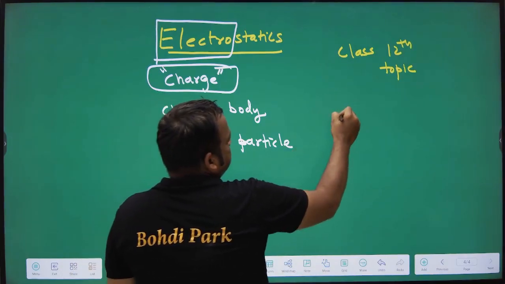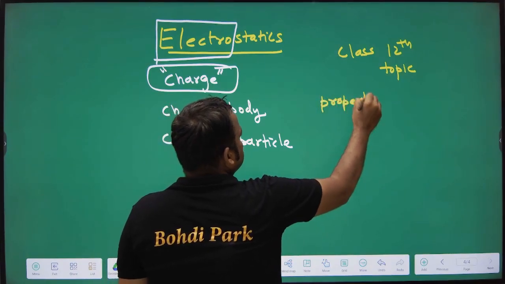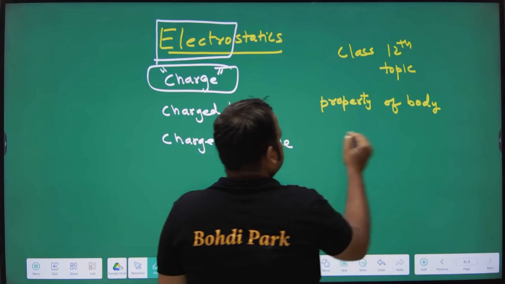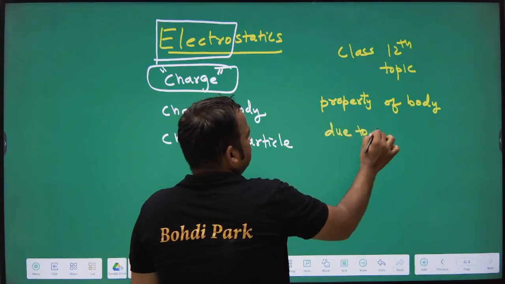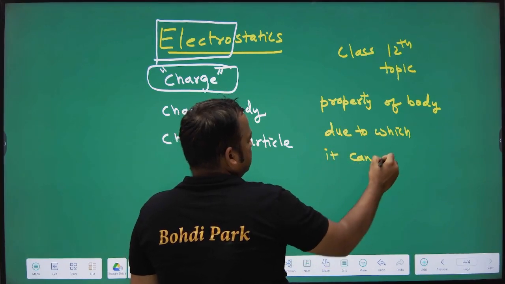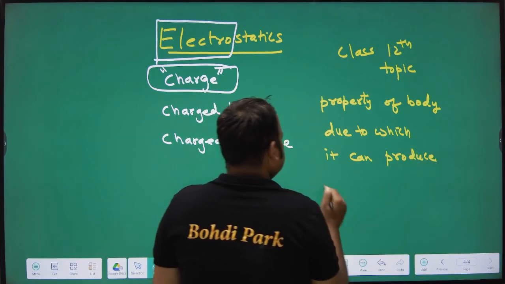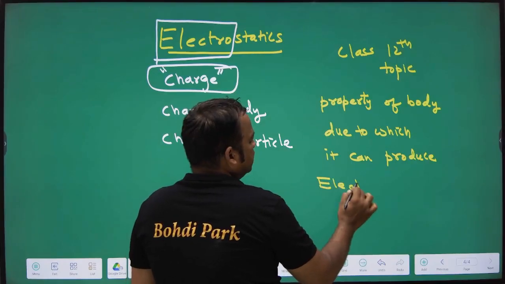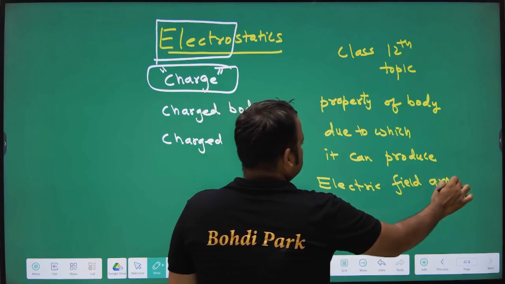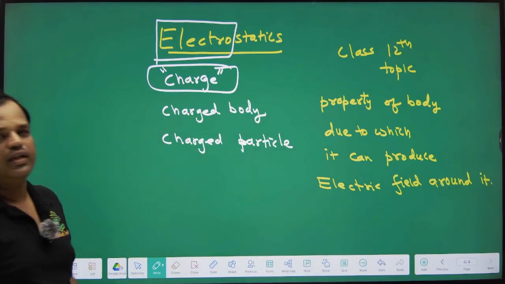We can say charge is a property of a body due to which it can produce an electric field around it.